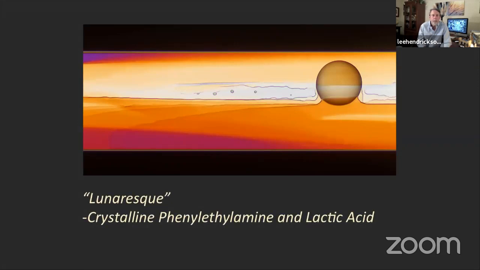The area across the slide is the phenylethylamine, and of course the lactic acid is a supersaturated micro droplet within it. It actually will form crystals within that sphere under the microscope. The dark areas, the black areas, are actually negative space, and that means there's no crystal in that area of the slide.